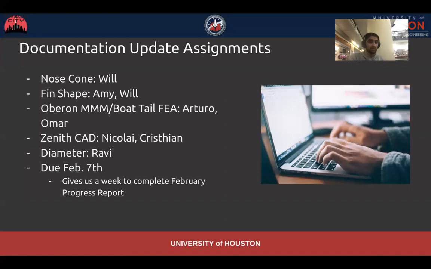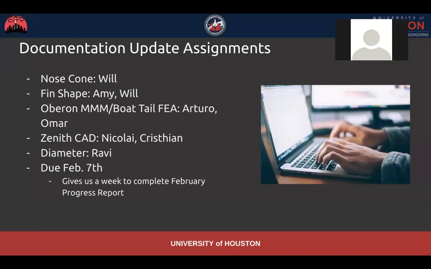But I don't know if you have specific documentation for each of the Oberon MMM, and I'm guessing you haven't done anything for the Boattail as of yet. But if we could get 2 separate reports on each, and then group them in with what you guys have been developing, that would be super helpful.